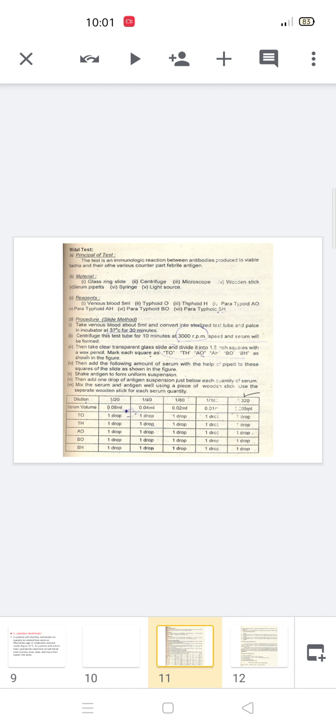These media are, number one, the MacConkey agar, the MacConkey media. If we apply the specimen stick upon the slide, after 24 hours we can observe colorless colonies on the MacConkey's media.